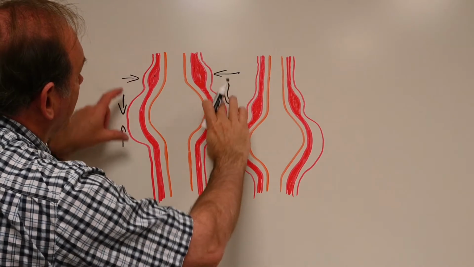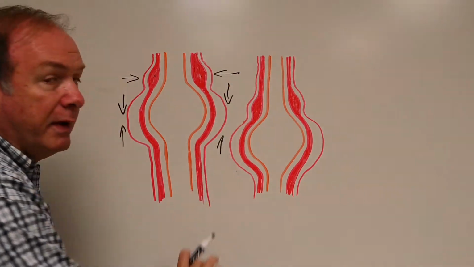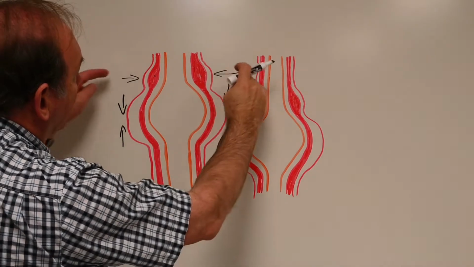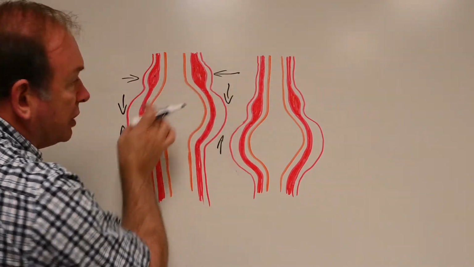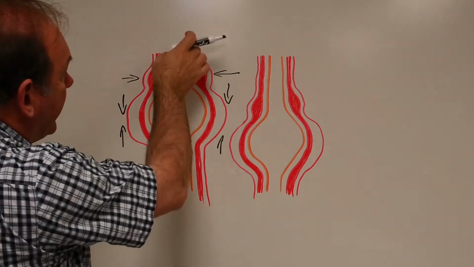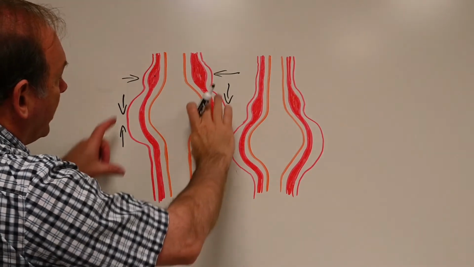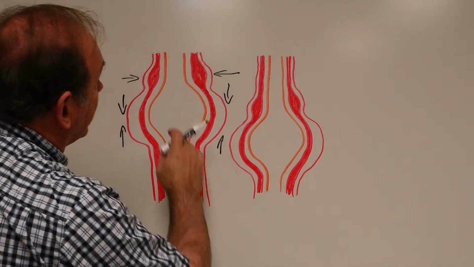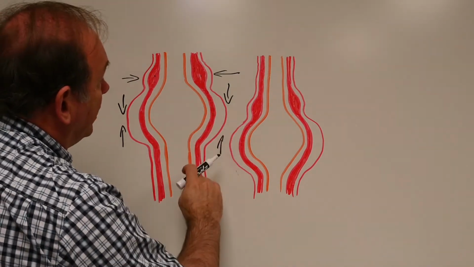So the longitudinal muscle is contracting in a wave, then moves down the esophagus first, and it is followed by a wave of muscular contraction in the circular muscle that pushes that food ahead of it where the longitudinal muscle is bunched up. So in the next picture here, we've moved it a little bit further.